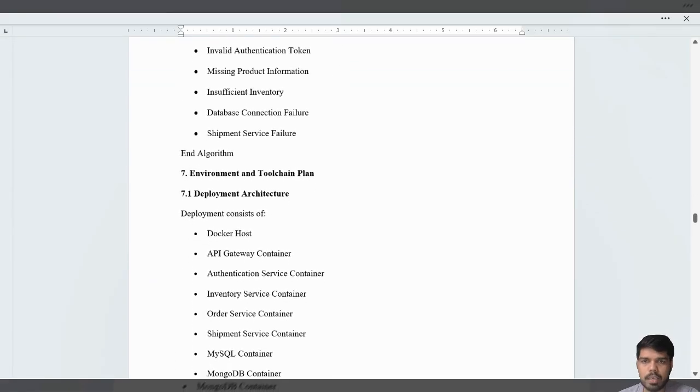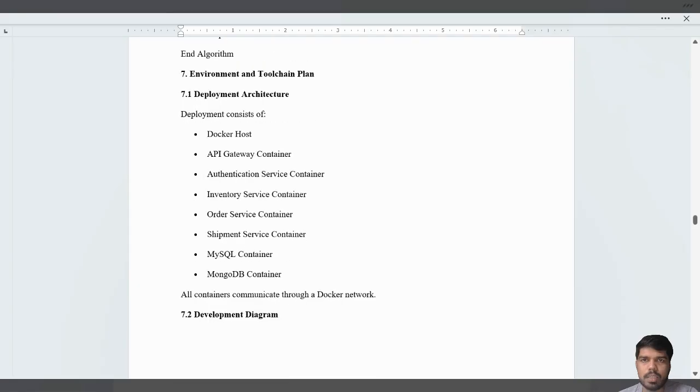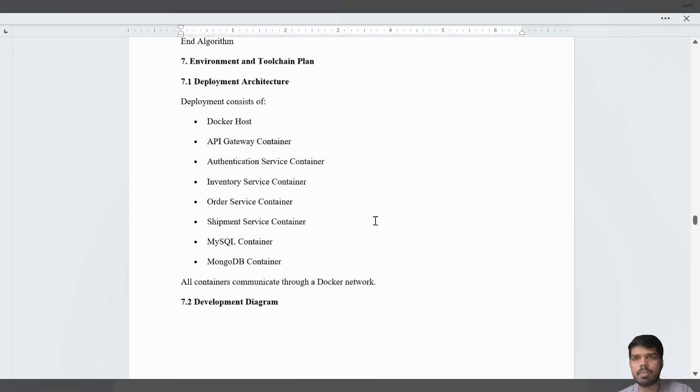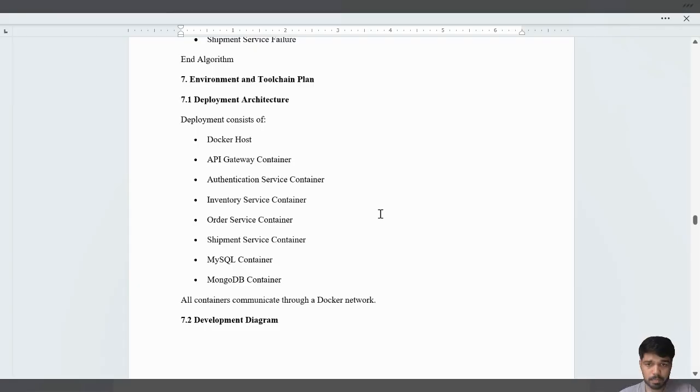Coming to the next point, the environment and toolchain plan. This slide presents the development environment and the toolchain selection for the project.